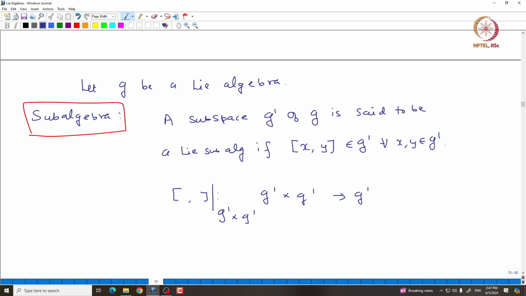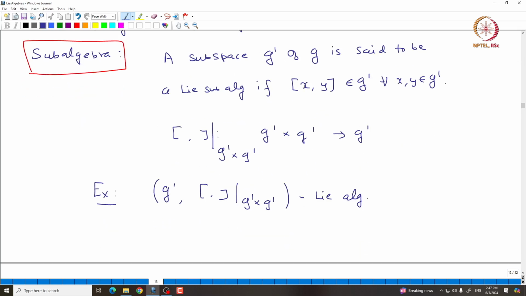Now one can easily check, this is an easy exercise, that G dash with respect to this restricted map is indeed a Lie algebra, which is also called a Lie subalgebra of G. So, we will be interested in various Lie subalgebras of a given Lie algebra.